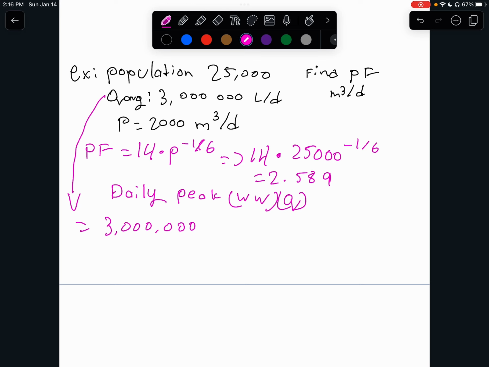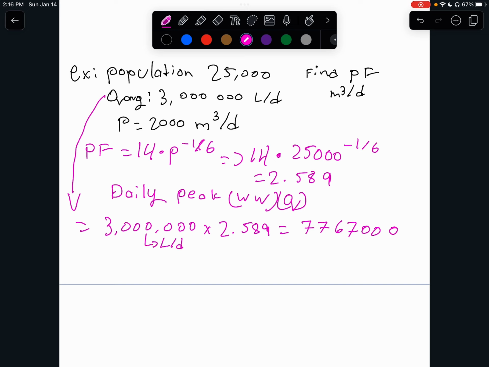So with our peak factor, we're going to multiply this by 2.589. So 3,000,000 times 2.589 equals 7,767,000. This is in liters per day.